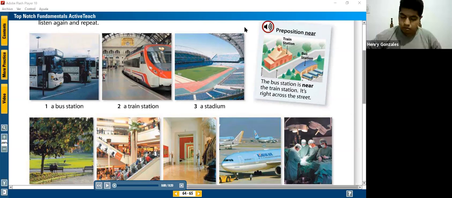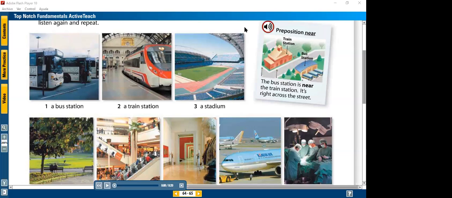Okay, nice. So this was about the preposition near, students. And when are we going to use near? ¿Cuándo vamos a utilizar nosotros esta preposición? Well, students, as you can see, the preposition near significa cerca. Cerca, near. And here we have an example.